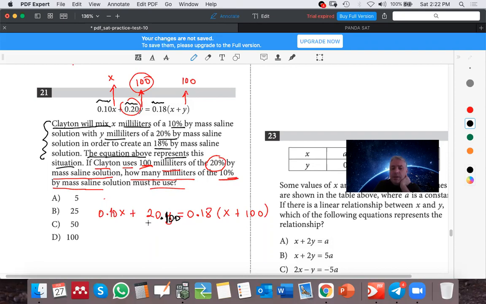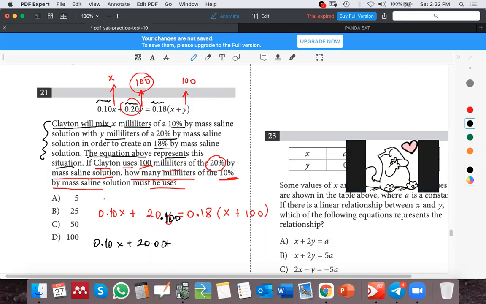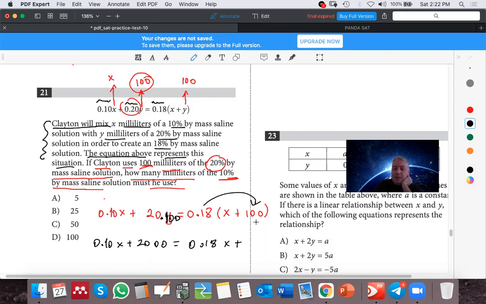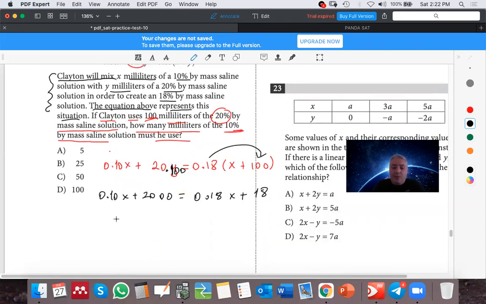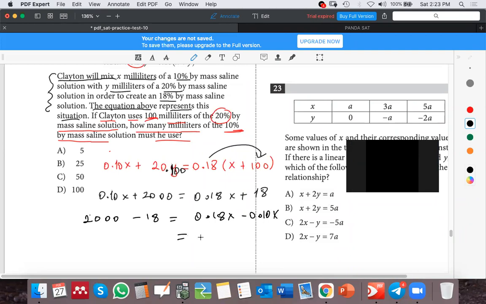No, sir. Open it. 0.10x plus this is equal to 0.18x plus, when you multiply, it will be 18. And then combine the x's together. I hope I am not making any calculation mistake. If I do, please tell me. You check it at the same time. It's 200.